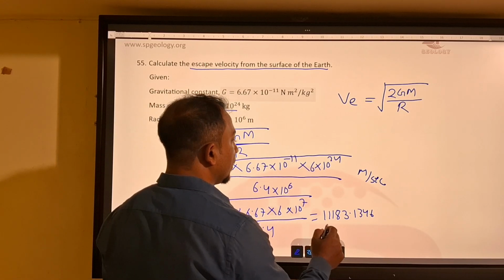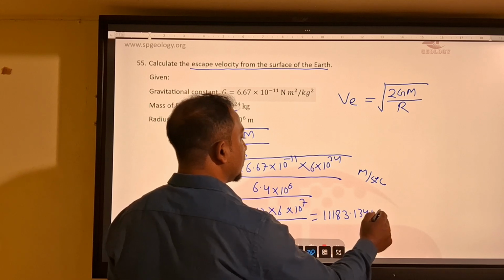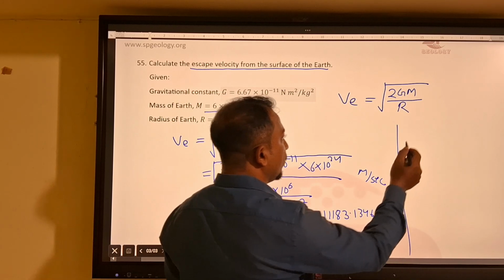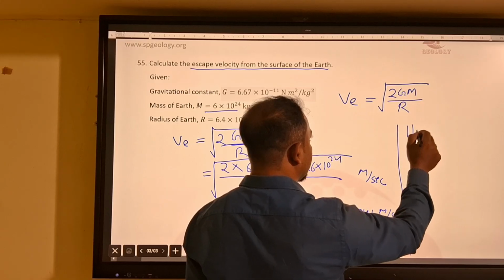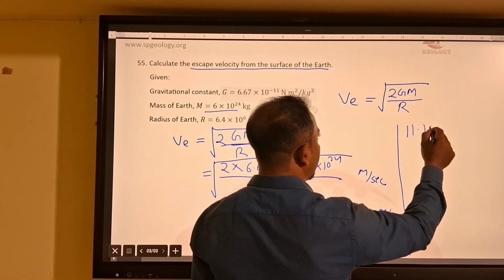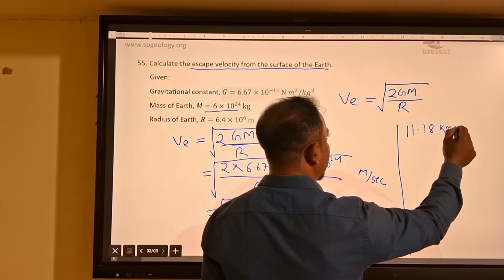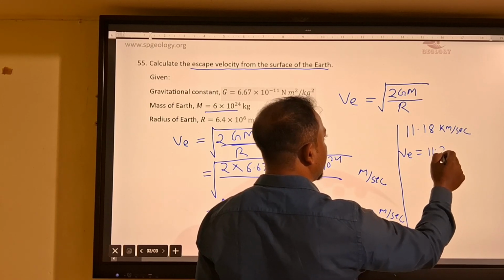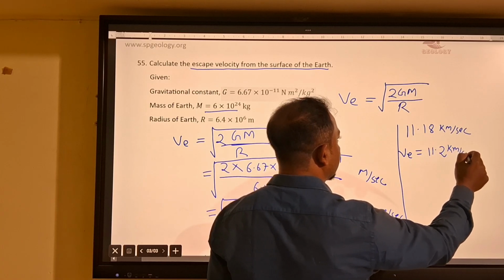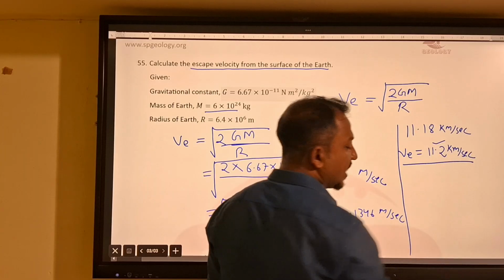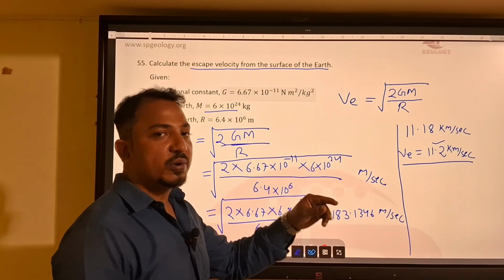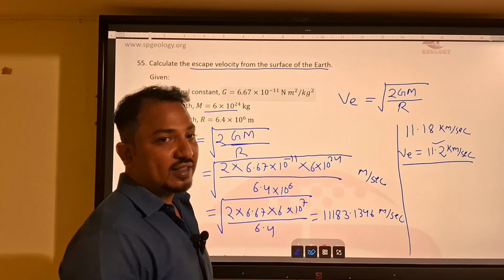So it will be 11183.1346 meter per second. If you convert it into kilometer per second, it will be 11.18 kilometer per second. So the escape velocity of earth is 11.2 kilometer per second. Remember, it is constant, the escape velocity of earth is 11.2 kilometer per second, calculated in this way.